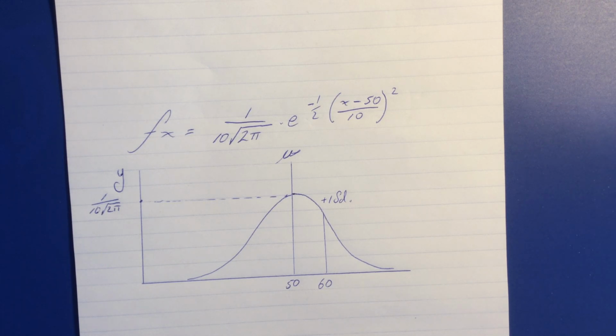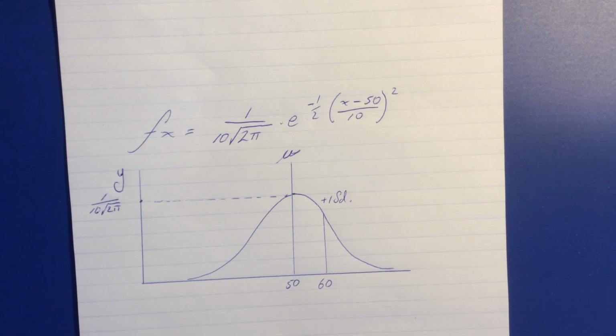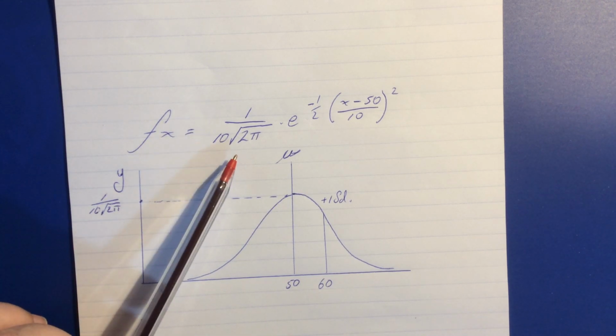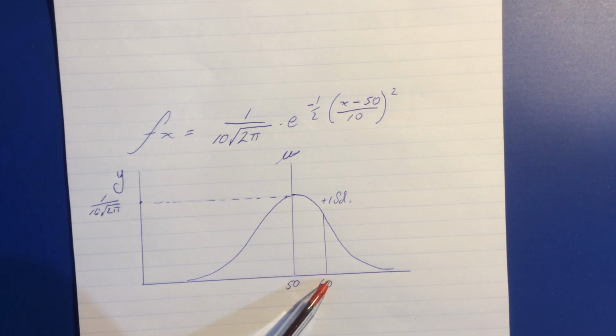So you probably need a calculator to do it, because you'd be a while integrating this thing. But you can find the definite integral of this, say between 50 and 60, and that will give you the probability that a value x is between 50 and 60 within this distribution. That's the other great use of this.